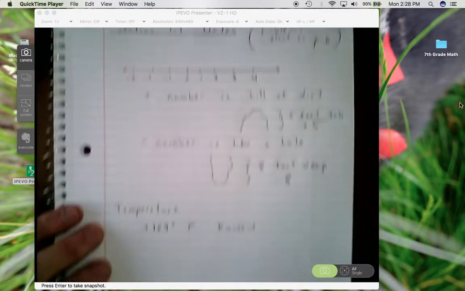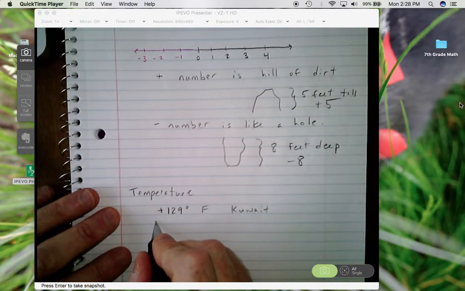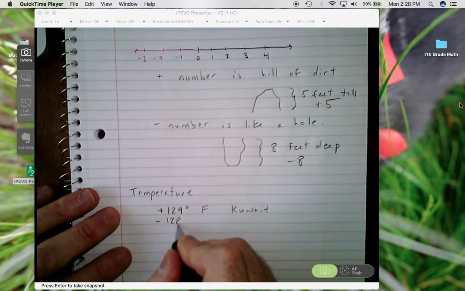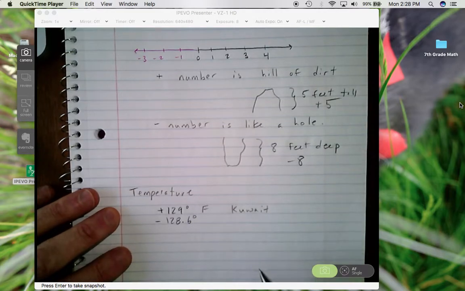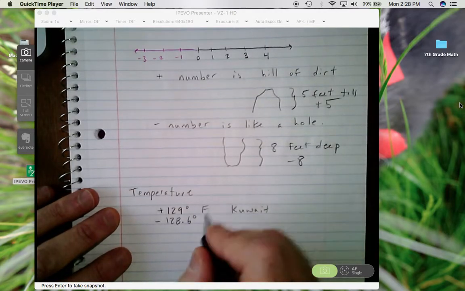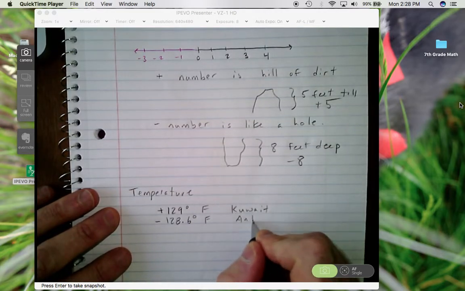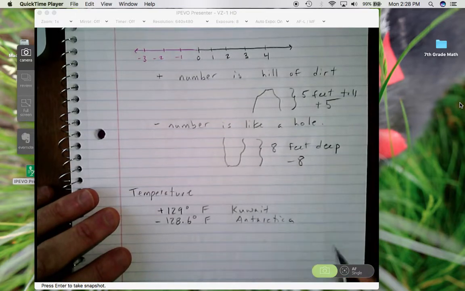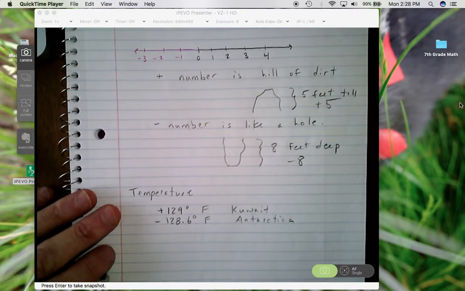And I think it's interesting that the lowest temperature, which was in Antarctica, is almost the same thing except opposite. So that's about the range of temperatures on Earth, and those are the extremes that have been recorded so far.